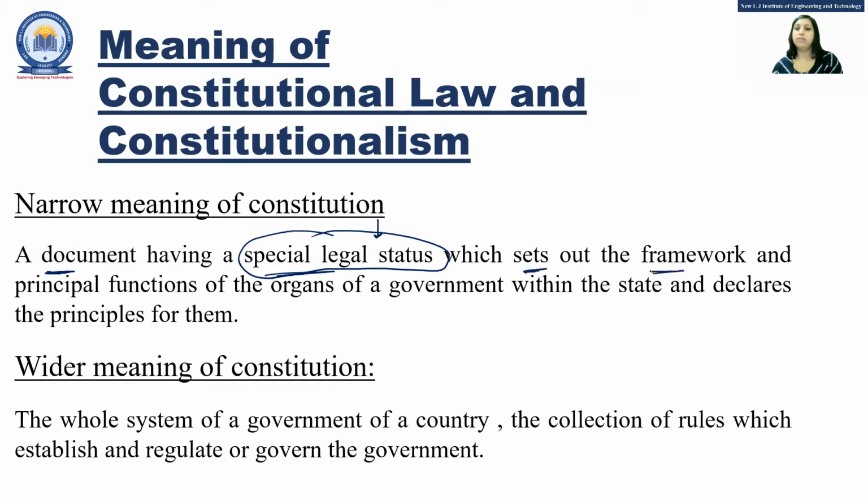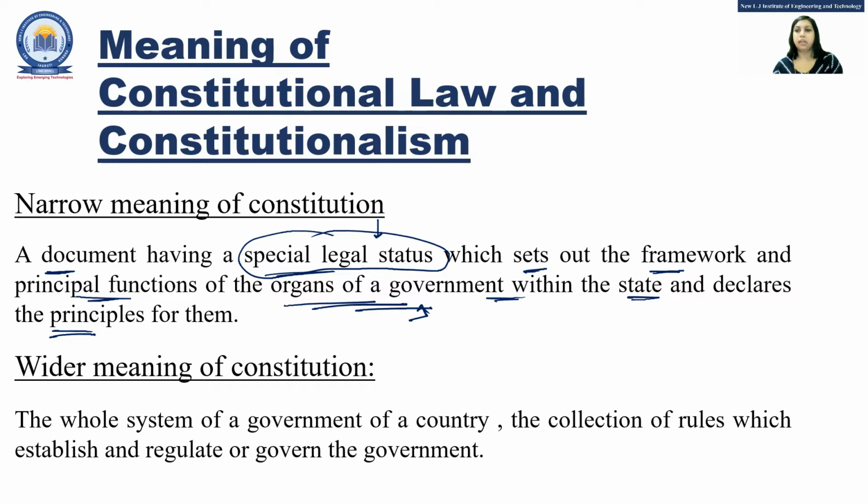It sets out the framework and also the principal functions of the organs of a government. Whatever government bodies are there, their framework as well as their functions would be mentioned in the constitution. They are mentioned for the state, and it also declares the principles for them. How things are going and what the processes are for them will be defined in this. That is how we can view the narrow meaning of the constitution.